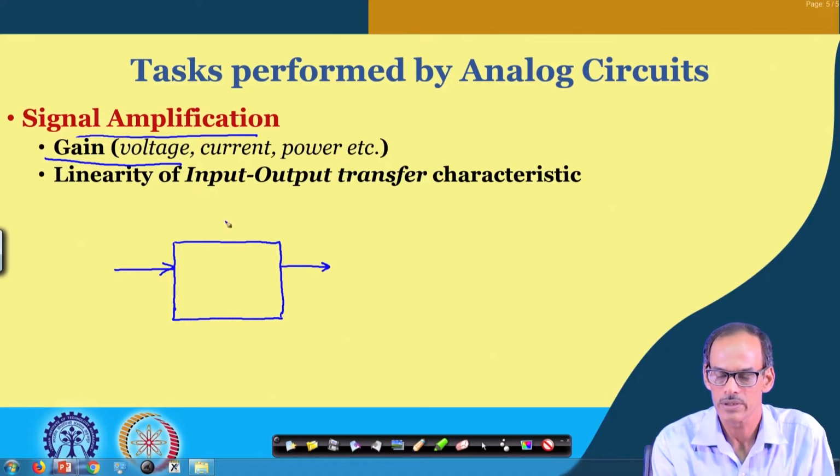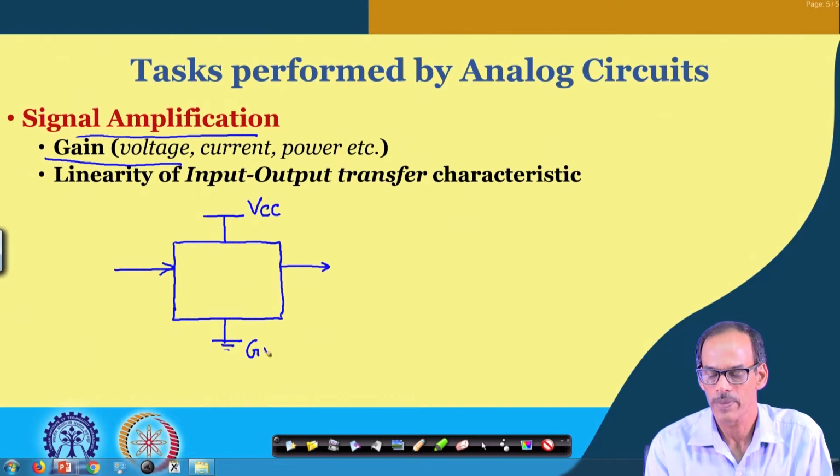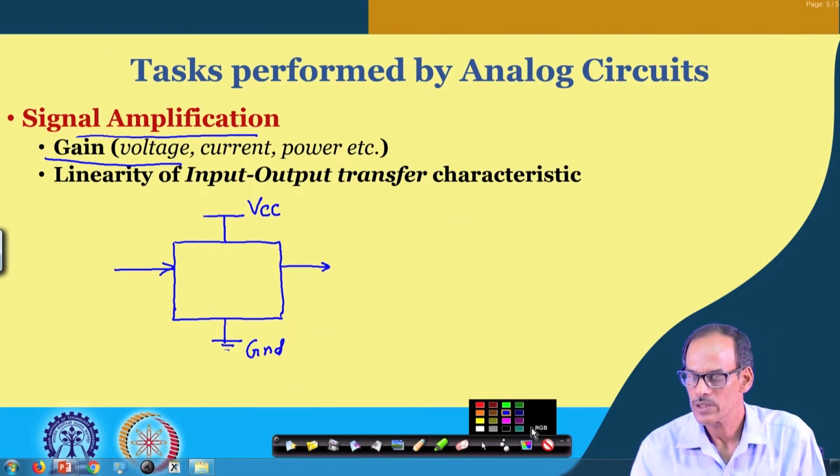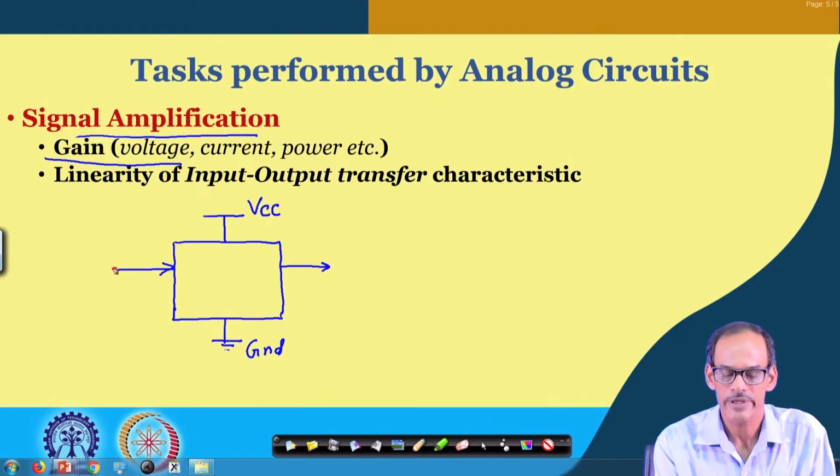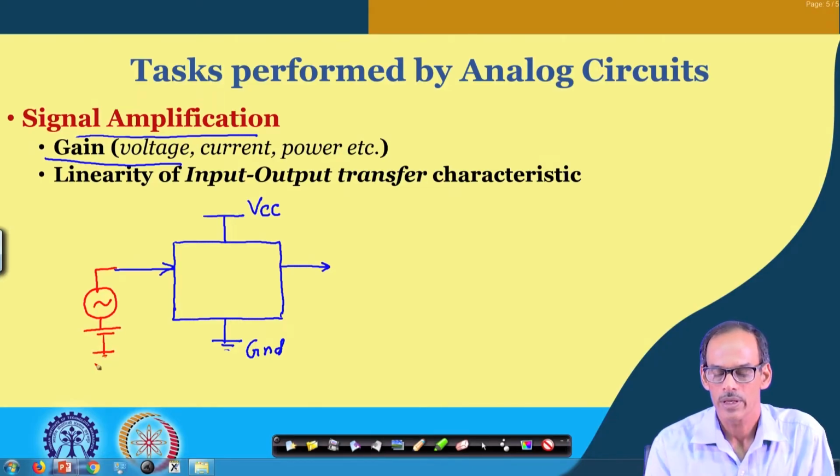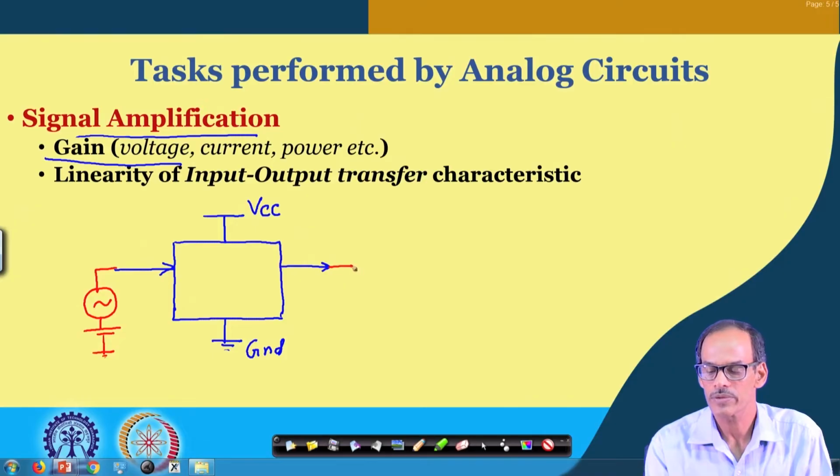So, if I say this is the typical analog circuit which is powered by a DC voltage, let me call this VCC and this is ground, and the analog signal we are applying here may have its meaningful DC bias, and at the output, whatever output you are observing may be with respect to the same ground, or it may be with respect to a DC voltage.